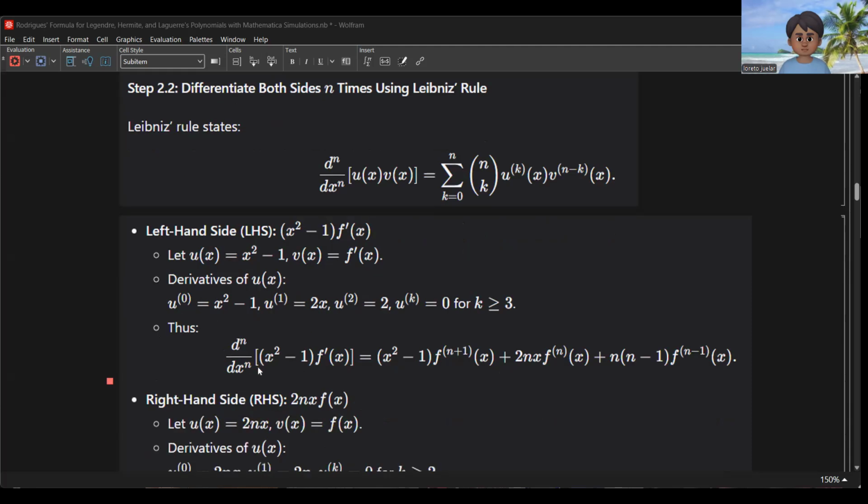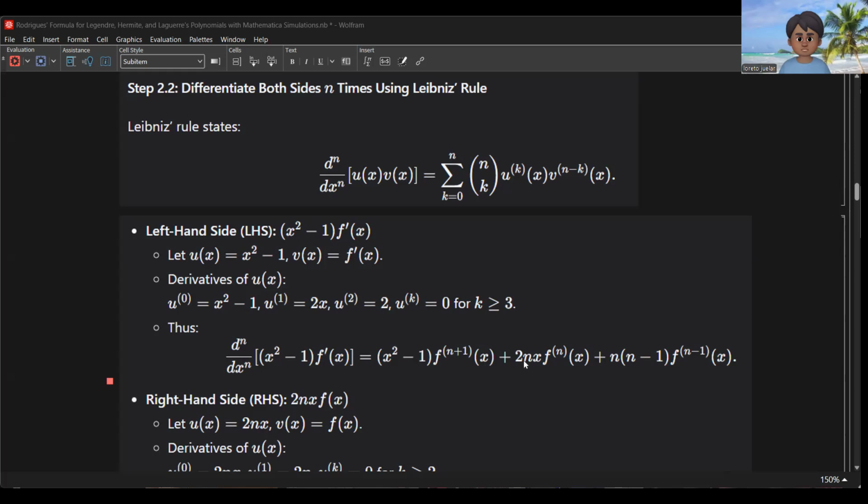Thus, the n-th derivative of this expression is equal to these terms. For example, using the Leibniz rule, the combination of n taken 0 at a time is equal to 1, so we have x squared minus 1 times the n plus 1 derivative of f of x.